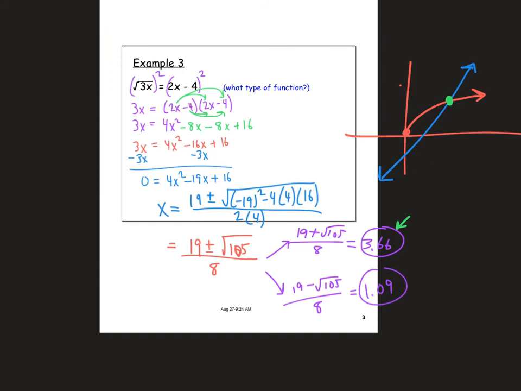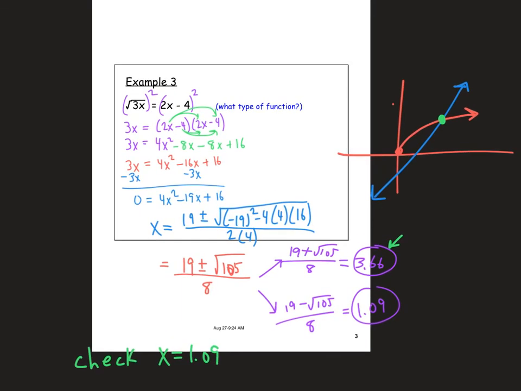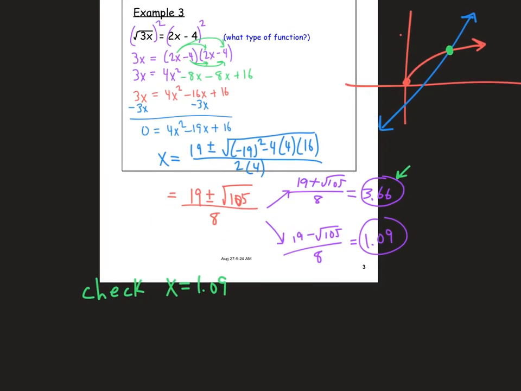Why does that not work? So let's just check x equals 1.09, right? And see if we can notice anything that's going on. So checking that one into the original, it was the square root of 3 times approximately 1.09.